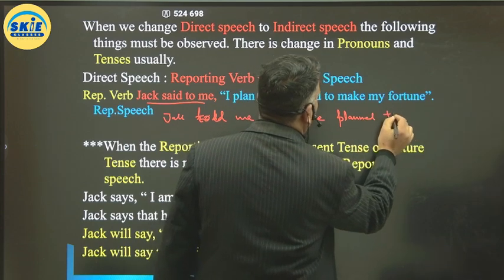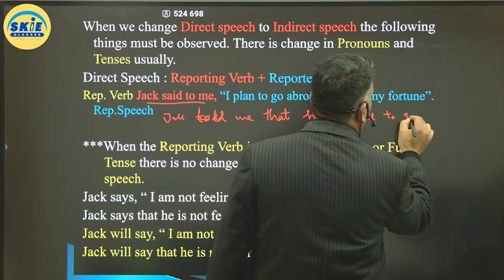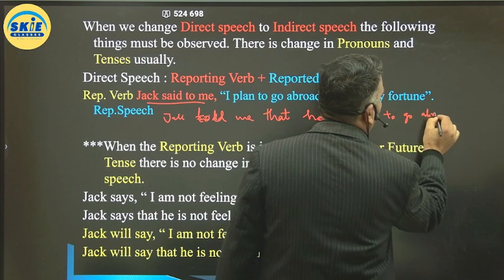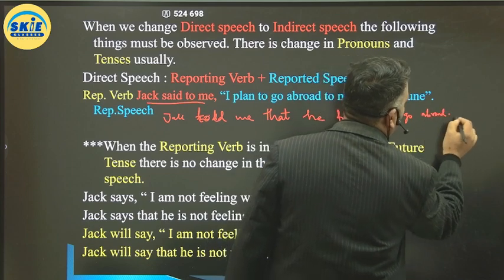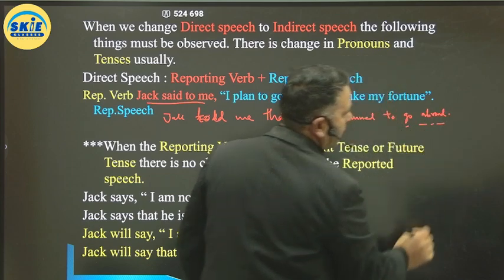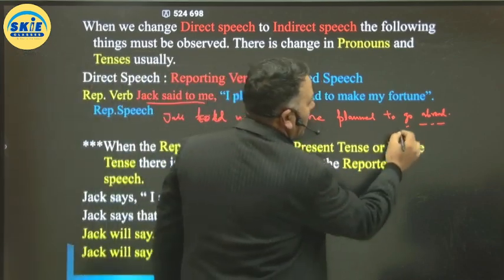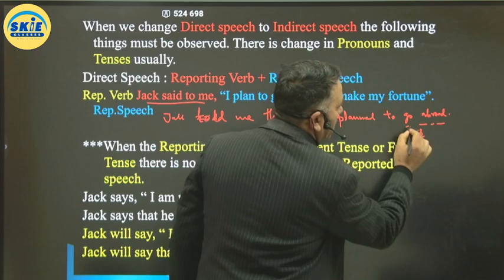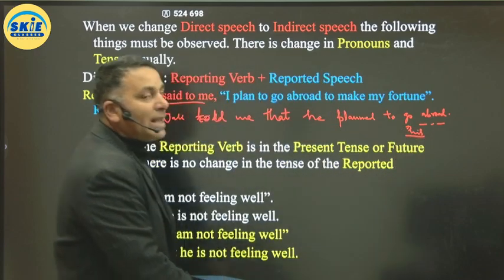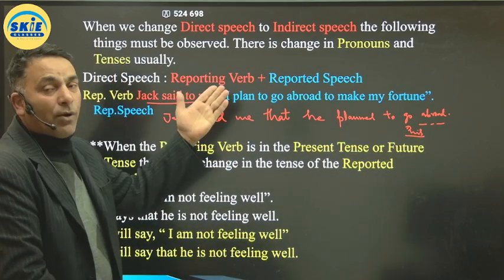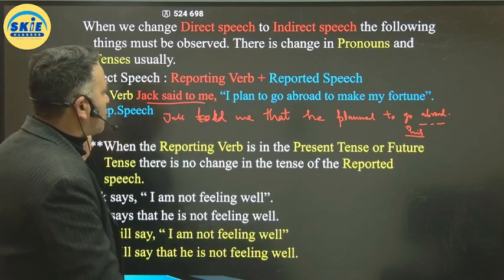to go abroad, etc., to make not my but his. In place of my, it would be his fortune, to make his fortune. So you saw there are two changes.